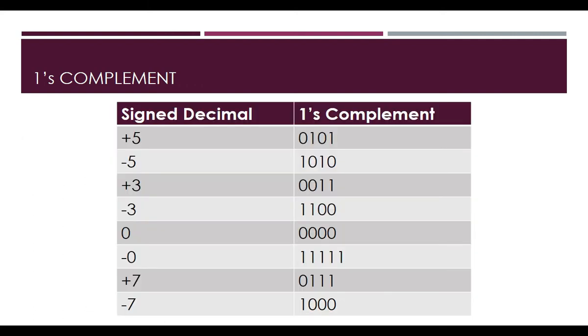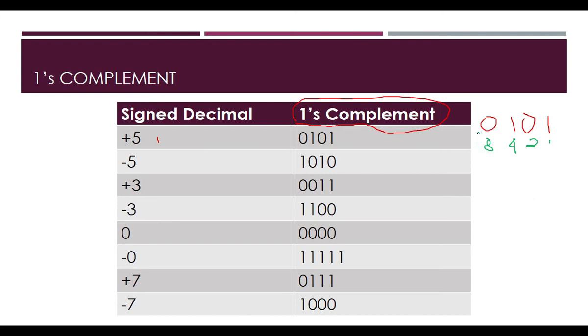Let's have a look at this table. We have two columns, the signed number in decimal and another column for 1's complement. Positive 5 is written as 0101. It was written as 0101 because the place values are 1, 2, 4, and 8.